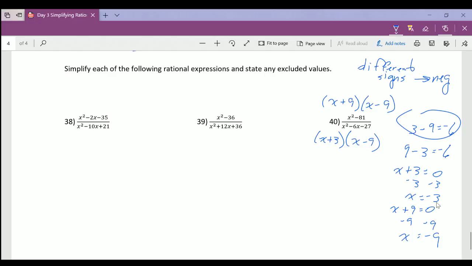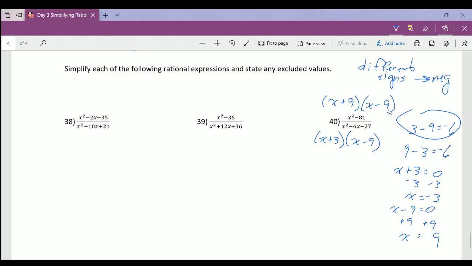I don't know why I wrote x plus 9 there. That is total foolishness. There we go. Sorry about that. These two statements are set in stone. X is not going to be allowed to equal negative 3, and it's also not allowed to equal positive 9. So it's not going to equal 9 or negative 3.